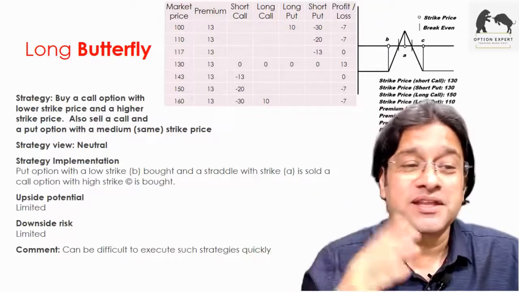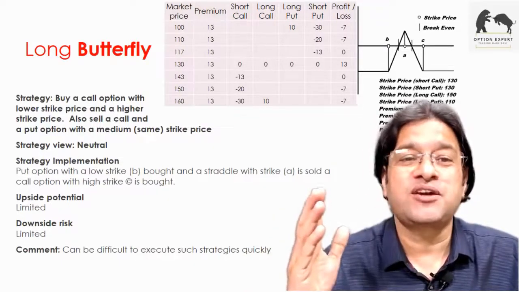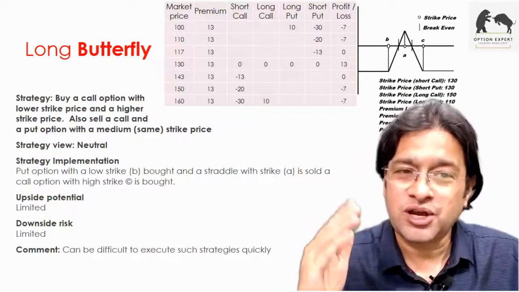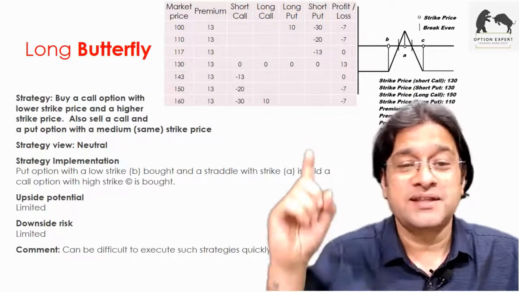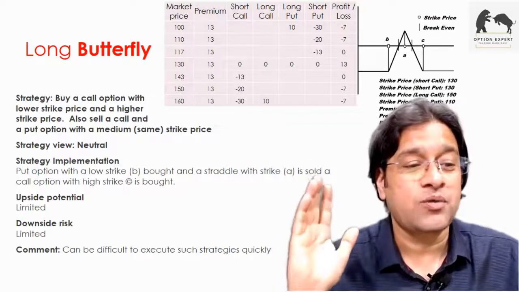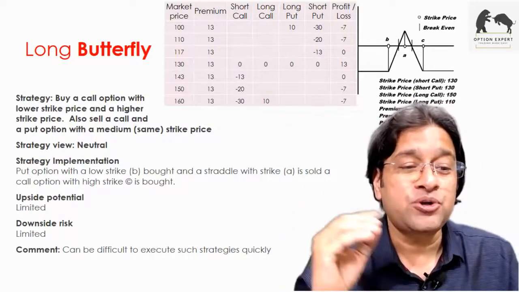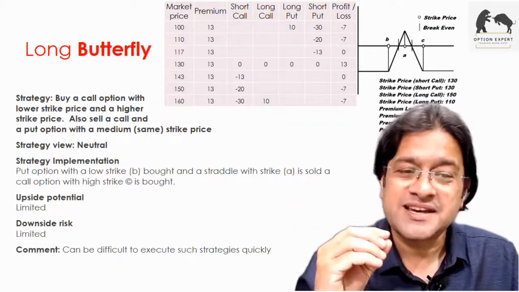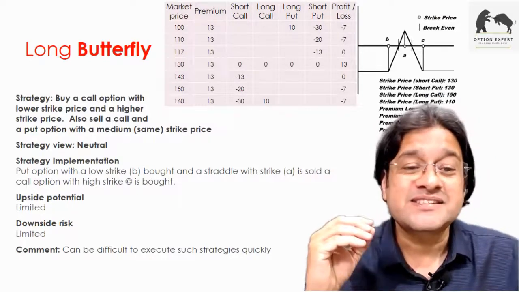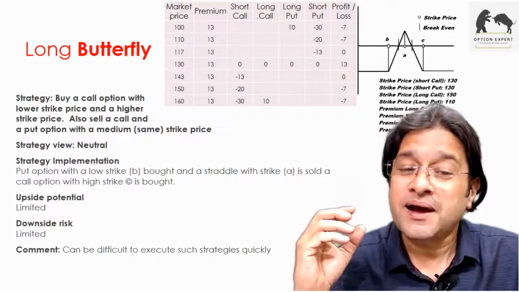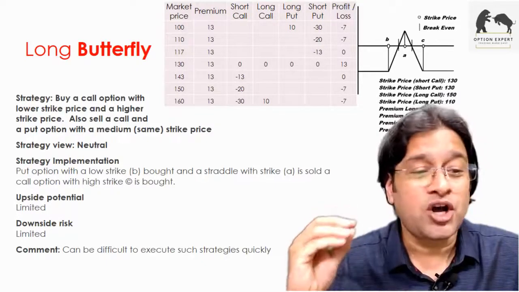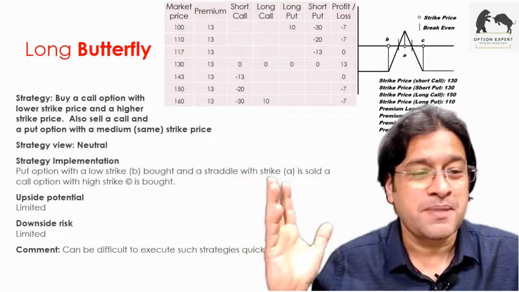So these are the various positions you are taking. You're shorting a call, going long on a call, going long on a put, and shorting a put also. The chart explains clearly what happens: a put option with a low strike price and a straddle with strike A is sold with a call option with a higher strike price.